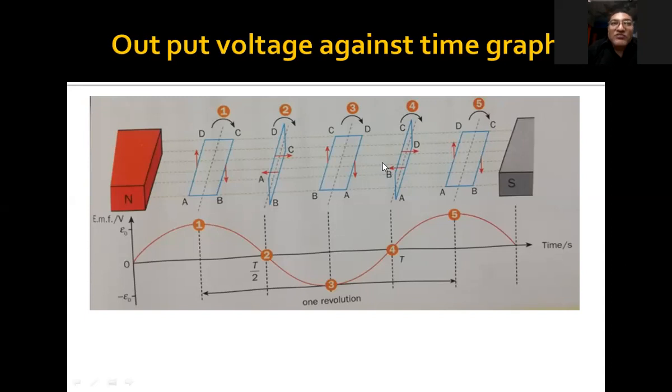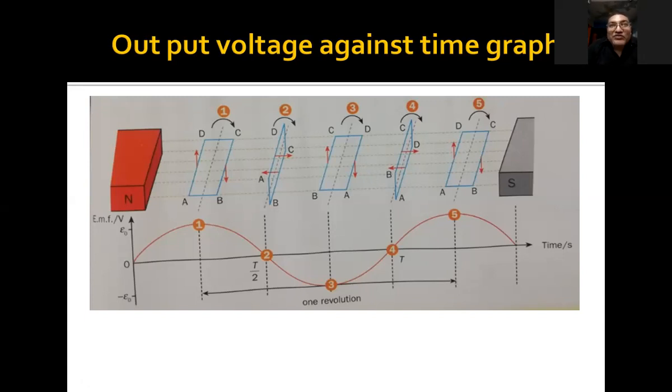At this moment, because the BC side is moving horizontally for a very short time, and the magnetic lines are also horizontal, moving from north to south, the BC is moving basically parallel to the magnetic lines.